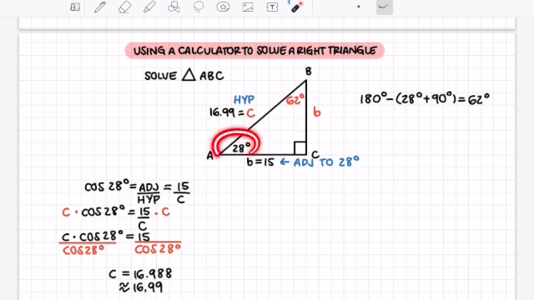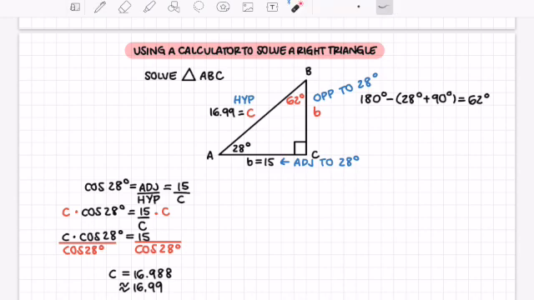I want to focus on what's already given to me so that it prevents me from making errors. So I'll still focus on the 28 degrees and the side b equaling 15. Since it's the adjacent side, I also know that B is opposite of 28 degrees. So I'll write down B is supposed to be opposite to the 28 degrees.